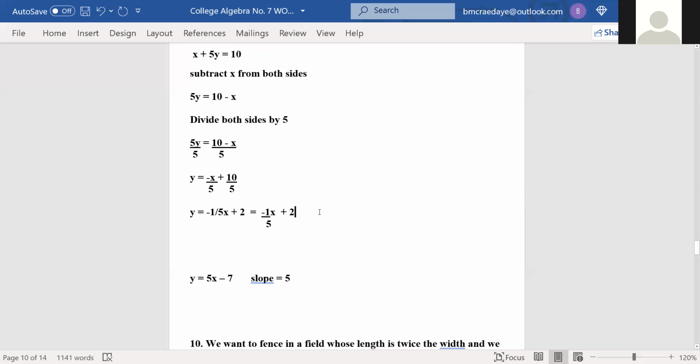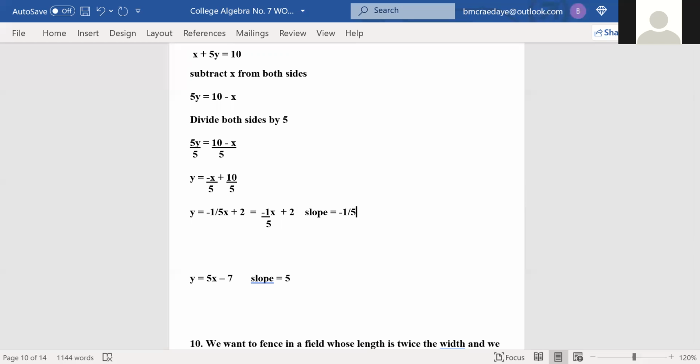So what is your slope here, Latoya? Minus 1/5, because it's the coefficient of the X. So you don't have to say the X. The slope for this one is equal to minus 1/5.